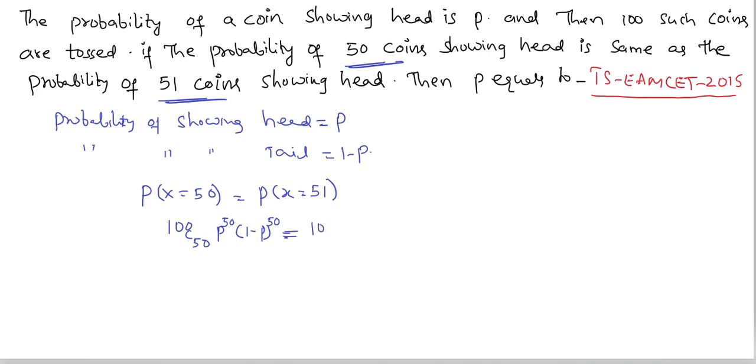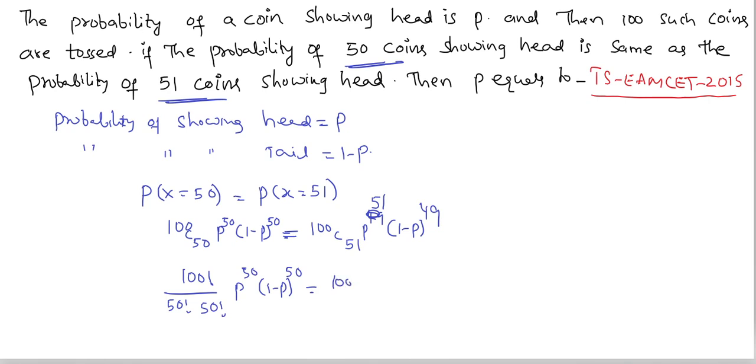That means 100 C 51 P to the power of 51 into 1 minus P whole to the power of 49. 100 C 50 is 100 factorial by 50 factorial into 50 factorial, P power 50, 1 minus P whole power 50, equal to 100 factorial by 51 factorial into 49 factorial, P to the power of 51, 1 minus P whole to the power of 49.